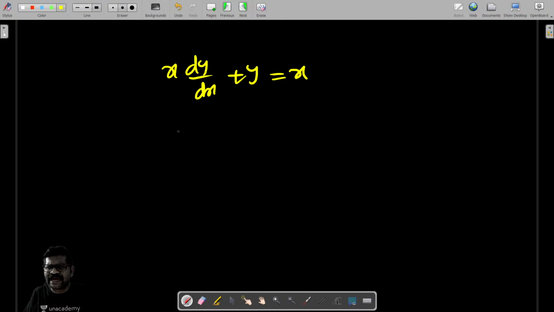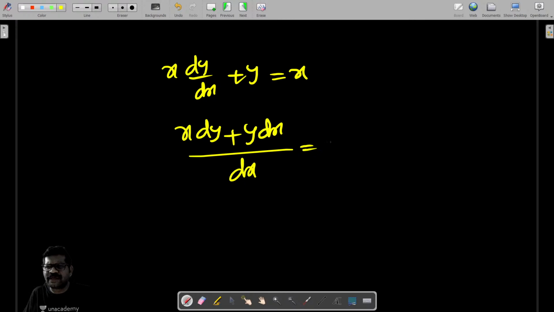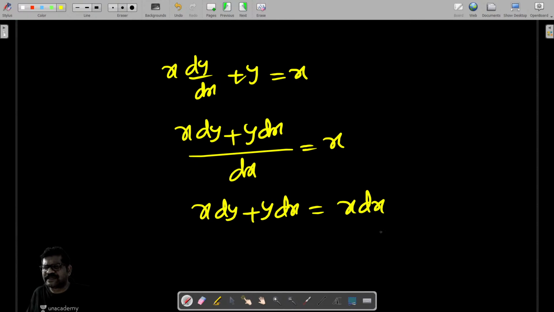Now, x dy plus y dx by dx equal to x. x dy plus y dx equal to x dx. x dy plus y dx is nothing but differentiation of xy equal to x dx.